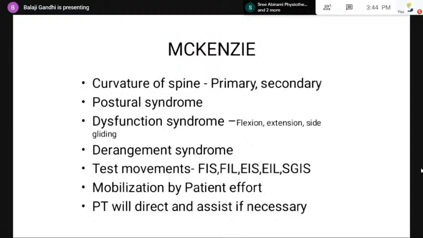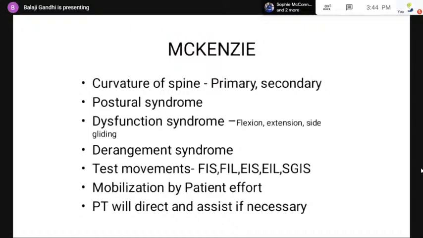McKenzie described flexion dysfunction syndrome, extension dysfunction syndrome, and side gliding dysfunction syndrome. In flexion dysfunction syndrome, the patient is not able to do complete flexion. When the patient tries to bend forward, the spine is very stiff, so flexion is not possible. In extension dysfunction syndrome, the patient tries to extend, but it is not happening because the lumbar spine does not have a proper curvature.